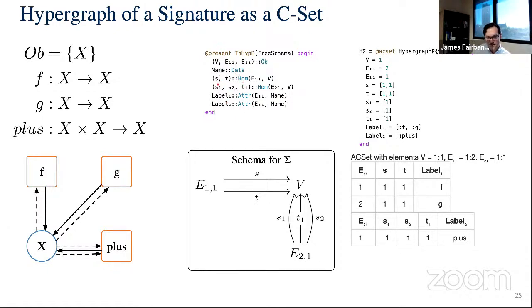So we've got 3 objects, then we've got several morphisms, 5 specifically. We've got S and T, which represent the input and output of the 1-1 morphisms, and S1, S2, T1, which represent the inputs and outputs of the E21 morphisms. And then these labels let us put names on things.